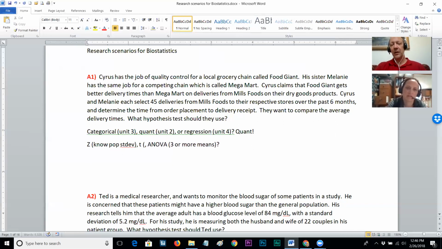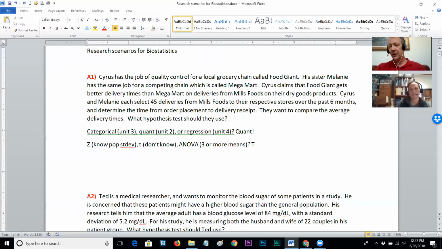A t-test would be when it's unknown. And if it's an ANOVA test, we also don't know it, but there are also 3 or more means. Based on this, which one of those 3 would you assume this scenario represents?